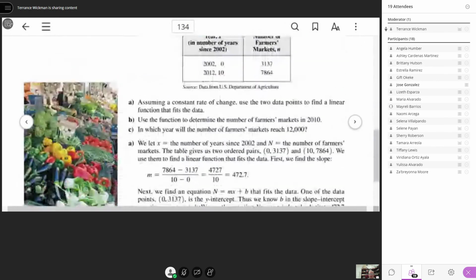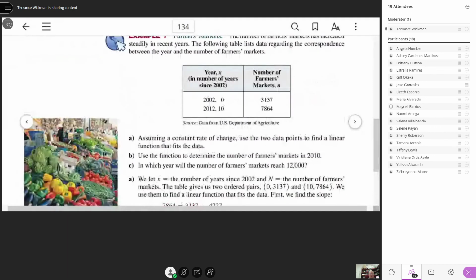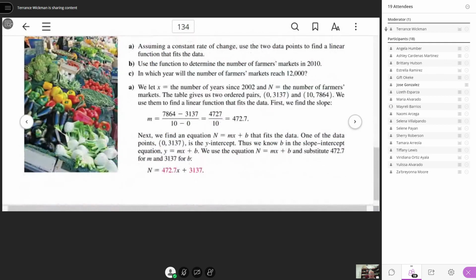So I explained the box, and now it says the slope. 10 years, 7864. If you go 2002 is your X, and your first Y is this. 2012 is X, and 7864 is your second Y. So you get your slope, 472.7.